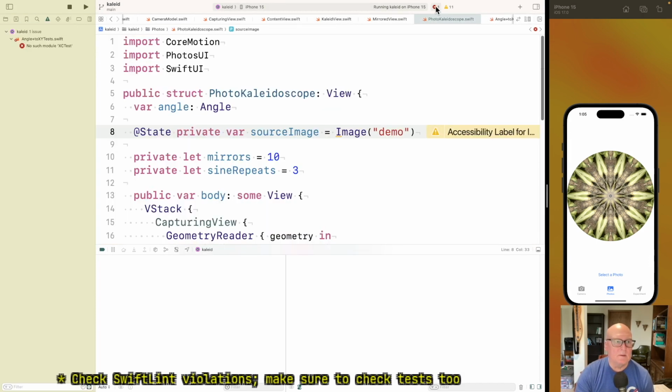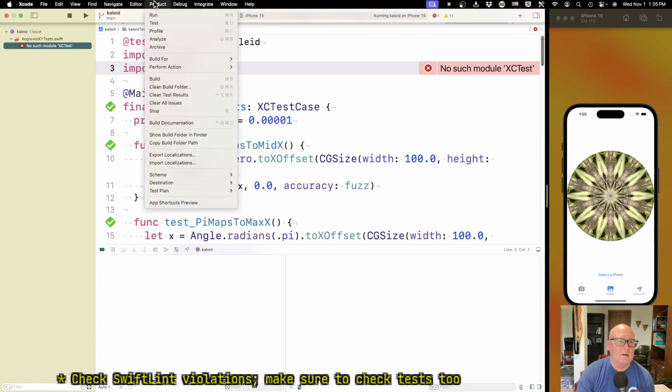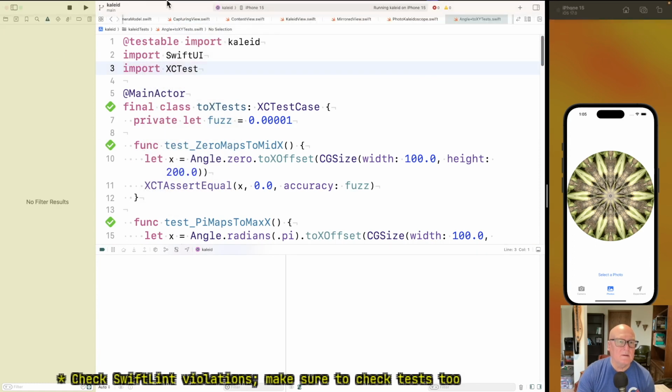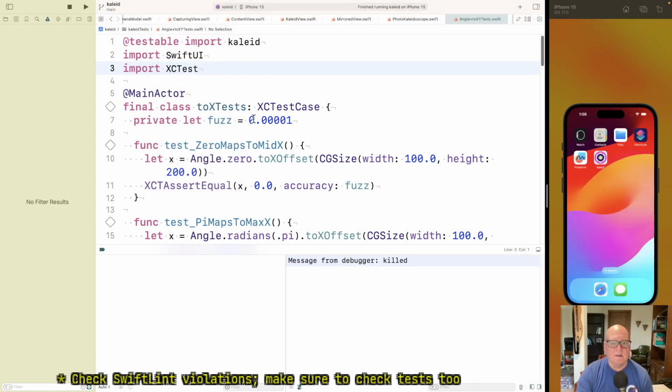Oh, what's the matter here? Oh, back to this. Clear all issues. Clean tests. Clean build. And let's run.